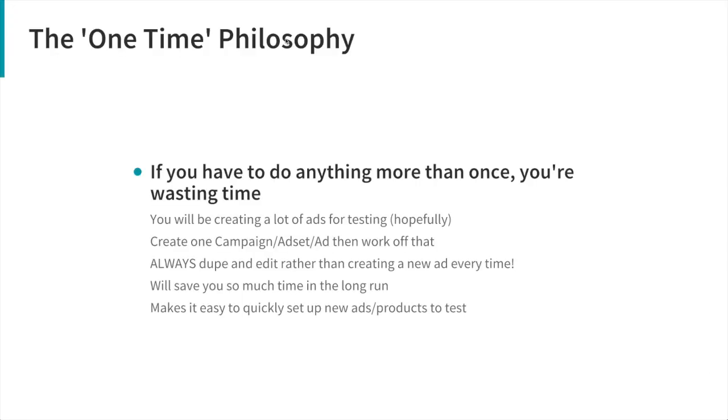So if every time you make a new ad for a new product, you're making a new campaign and a new ad set and a new ad, it will just add up to hours of extra work. So always duplicate and edit the new duplicate ad rather than making a new one every time. It will save you so much time in the long run, and also it will make it easy to quickly set up new ads and products to test.